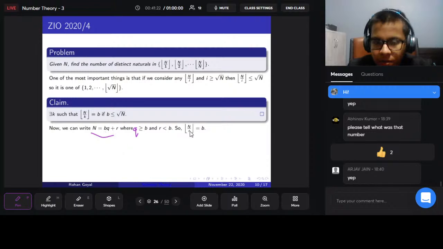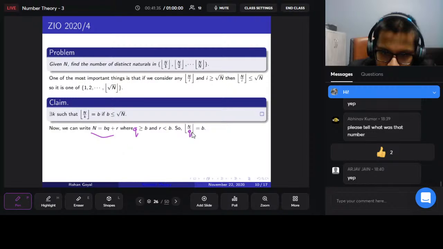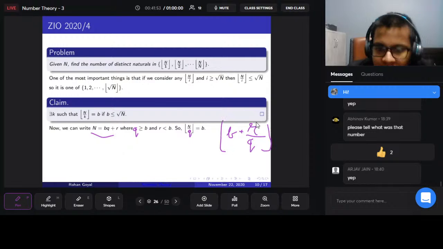So q is greater than or equal to r. When we take n by q, we can see that it is b plus floor of r by q, and this part is less than 1, so it's equal to b.